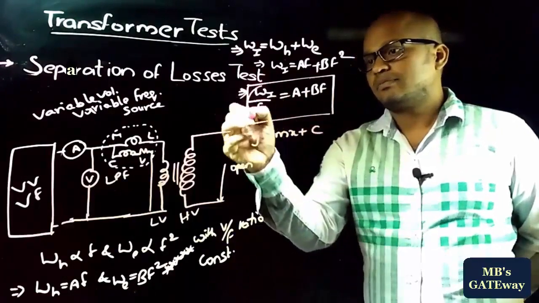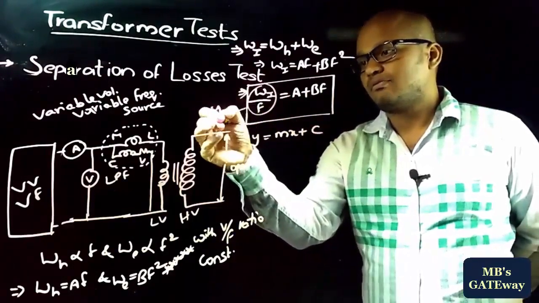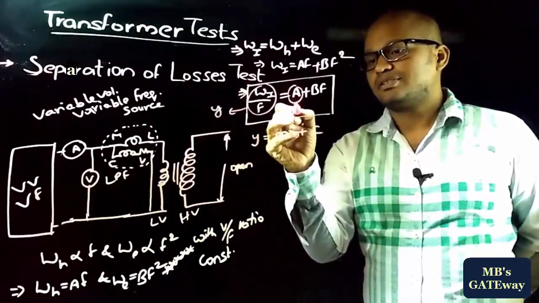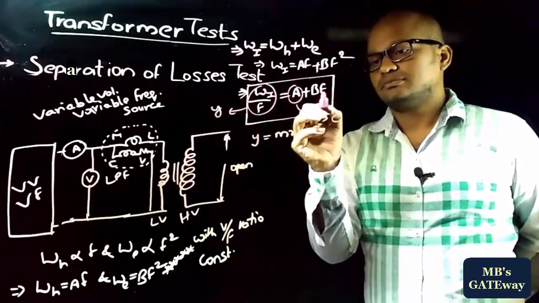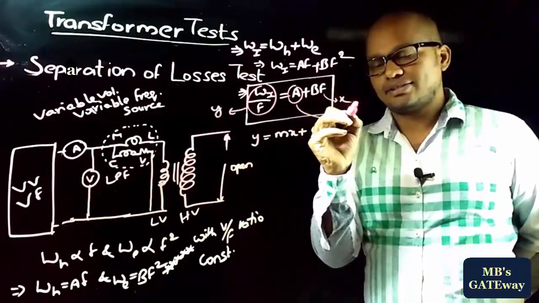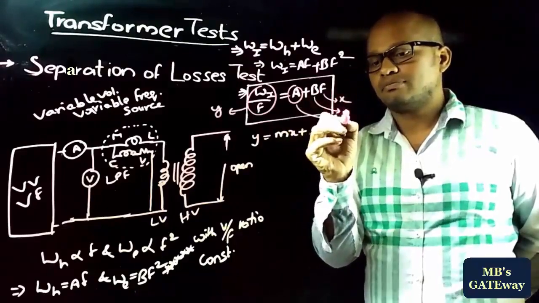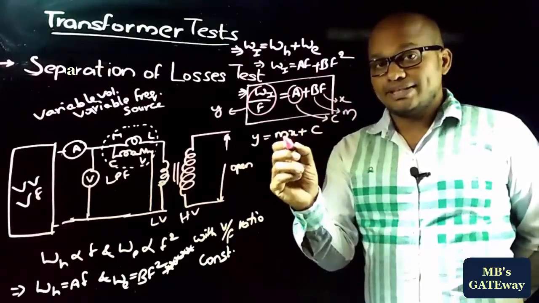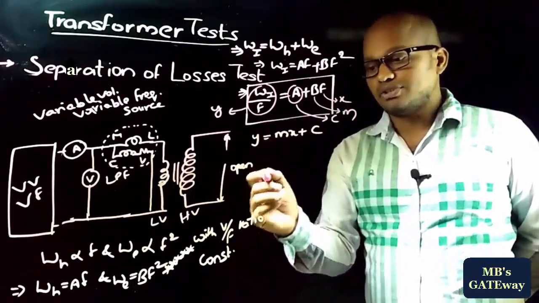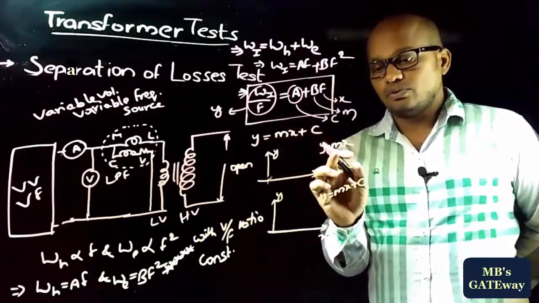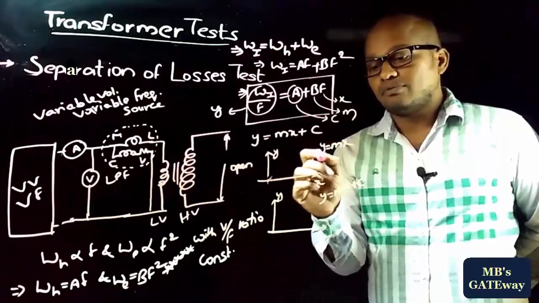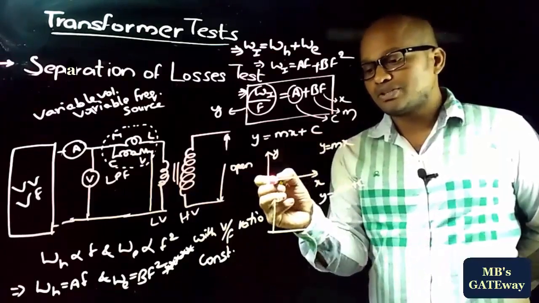That is, this is y and this is c, and F represents x and B represents m. y is equal to mx plus c is a straight line equation. If constant c is 0, then y is equal to mx, and y is equal to mx is a straight line passing through the origin.